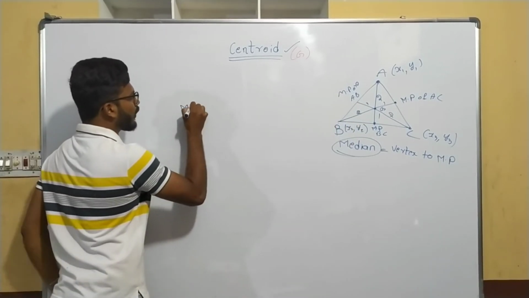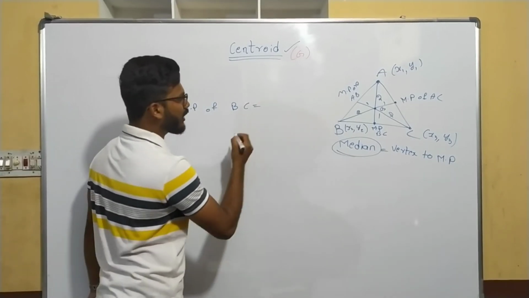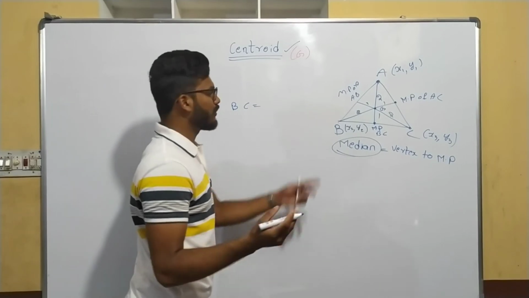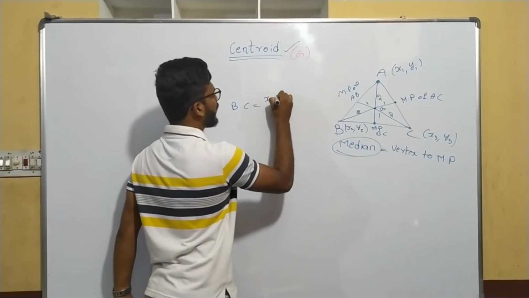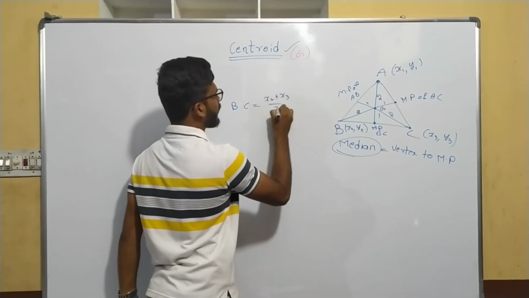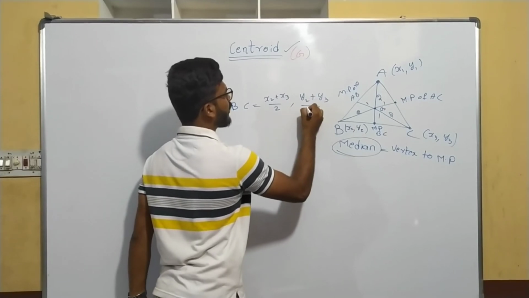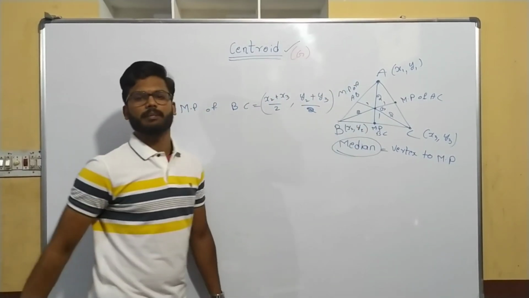So the midpoint of BC is what we will get? Already you know the midpoint formula, right? (x1 plus x2) by 2 and (y1 plus y2) by 2. But here the coordinates are x2 and x3, right? So (x2 plus x3) by 2 comma (y2 plus y3) by 2. These are the coordinates of this midpoint.